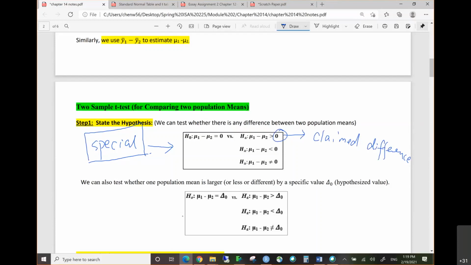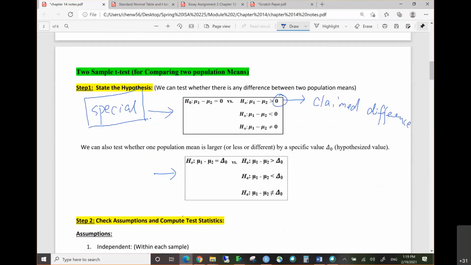Right? And then the more general case will be we not only want to test which one is larger, we also want to test by what amount mu1 is larger than mu2, right? So for example, I want to know whether the population mean weight of men is larger than the population mean weight of women by 10 pounds. Right? So first, we have 2 things to test.